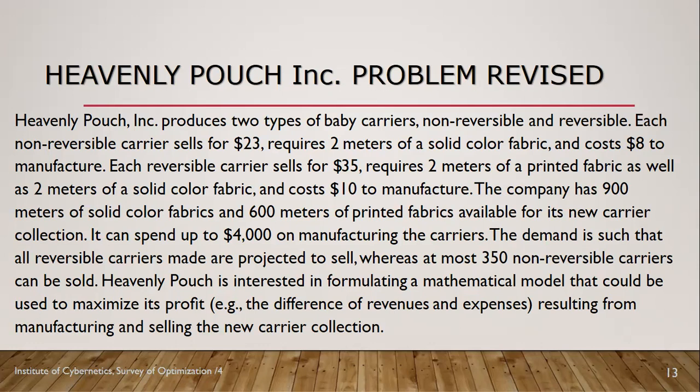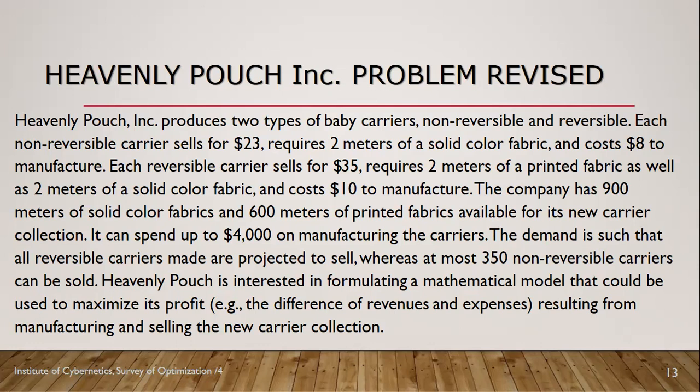Heavenly Pouch Incorporated produces 2 types of baby carriers, non-reversible and reversible. Each non-reversible carrier sells for $23, requires 2 meters of a solid color fabric, and costs $8 to manufacture.